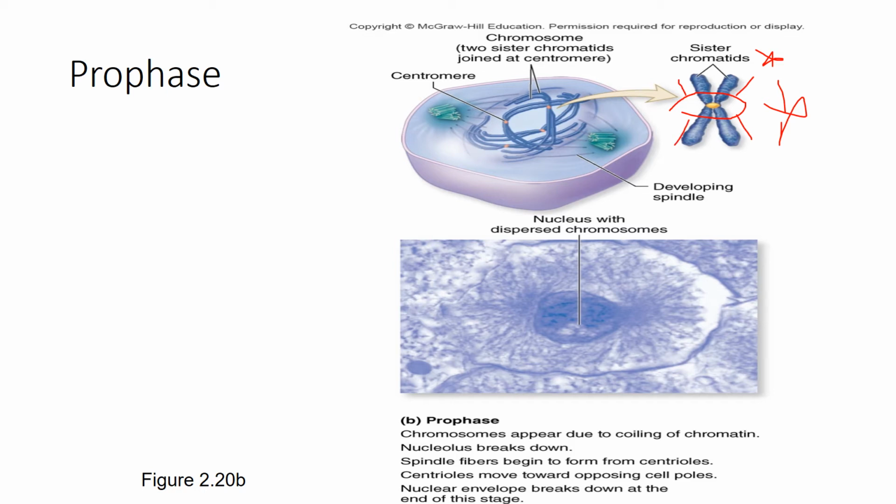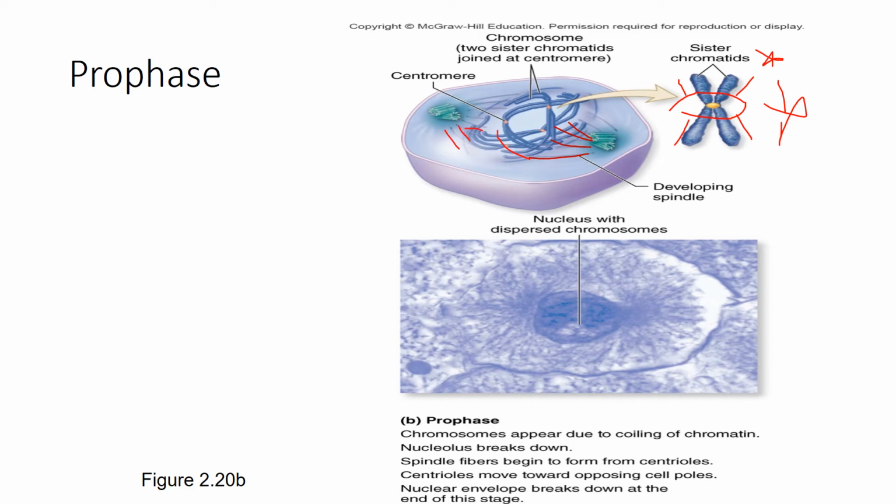And what's going to happen then, elongated microtubules called spindle fibers begin to grow at each centriole. At the centriole, these are going to start the lining up of the sister chromatids.